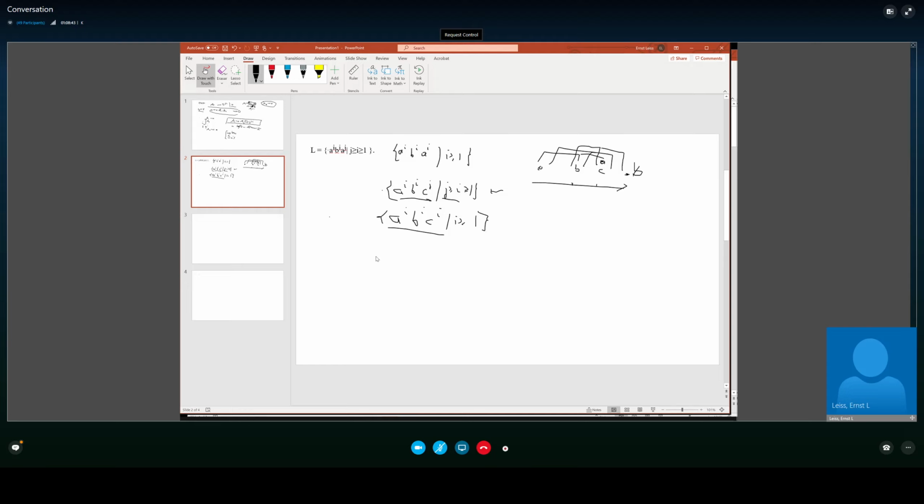Exponentiation in this case binds, of course, stronger than concatenation. If I had written 1, 0 star, then obviously that star would be only applicable to that 0. This is not 10 starred.